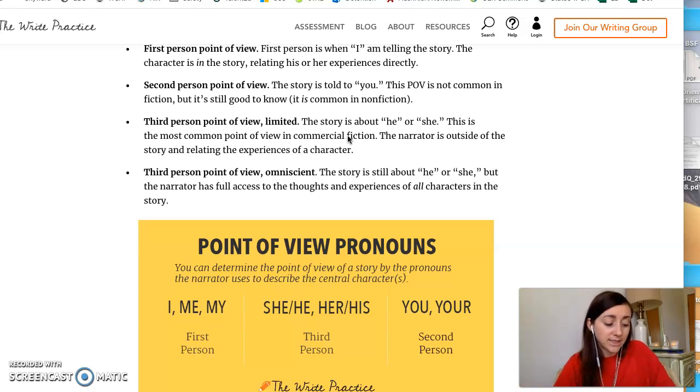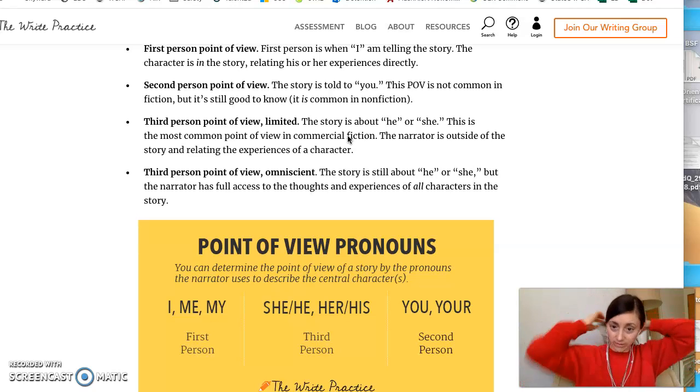So for instance, the narrator is not able to go inside of the head of its characters and understand what they're thinking. So for Of Mice and Men, do we ever know what Lennie is thinking? Not particularly. We don't know what his thoughts look like, nor do we really know what George's thoughts look like, unless either of the characters expresses those thoughts verbally.